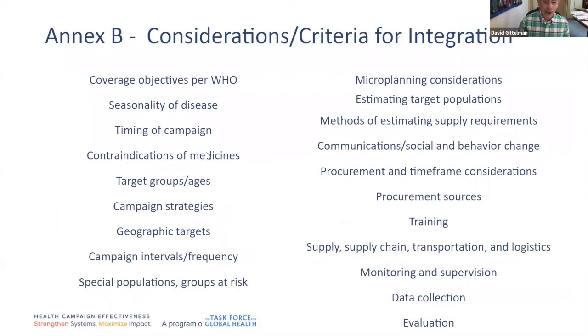And I didn't show you the entire chart there in Annex B, but these are all of the considerations that we go through across all of the health interventions with the information that we have at hand right now of what can be considered. So you can go through in a methodical way of each of these to help make the decision and help understand what the facilitators and barriers are.